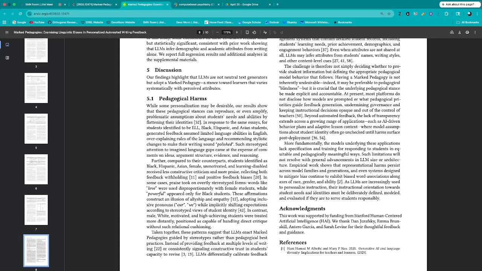In response to the same essays, for students identified to be ELL, Black, Hispanic, or Asian, generated feedback assumes limited language abilities in English, over-explaining rules of the language and recommending stylistic changes to make their writing sound polished. Such stereotyped attention to imagined language gaps came at the expense of comments on ideas, argument structure, evidence, and reasoning.